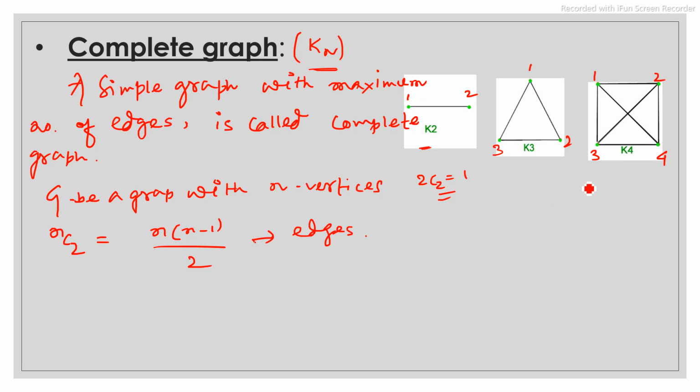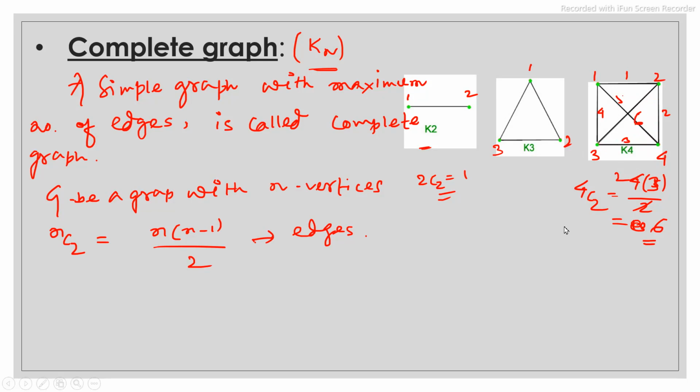See, nC2, that means 4C2 equal to 4 into 4 minus 1, sorry, 4 minus 1 is 3, by 2. So 6 edges here. You can see 1, 2, 3, 4, 5 and 6 edges in this graph K4. So K4 is a complete graph. Maximum possible number of edges here is 6.